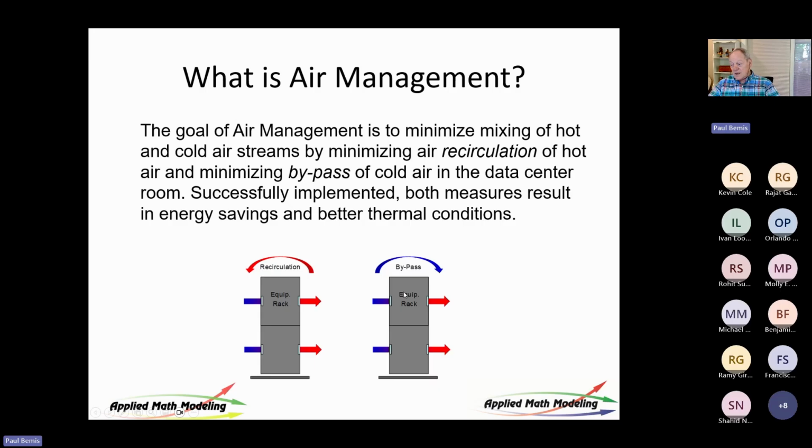Bypass, really what you're doing is effectively reducing the return air temperatures of your cooling units. If you reduce the temperature of the return, what happens, of course, is that the air handler is less efficient than it would be otherwise.